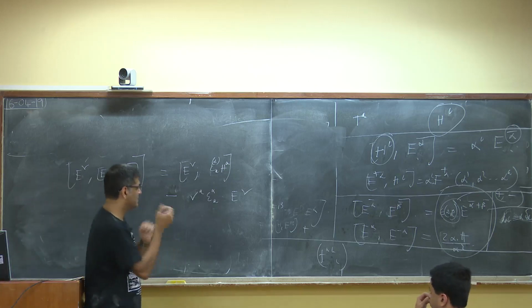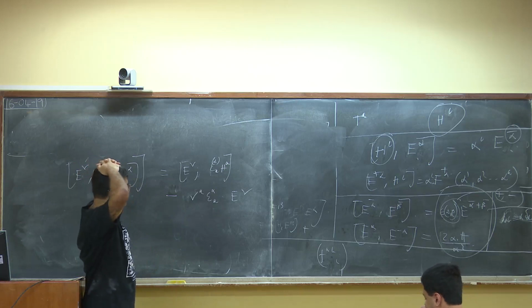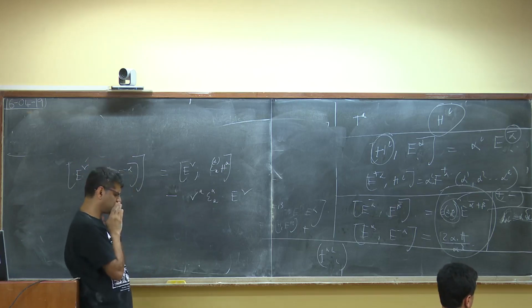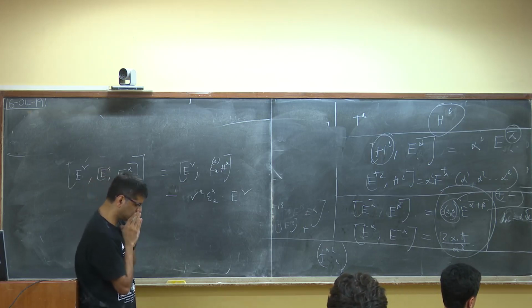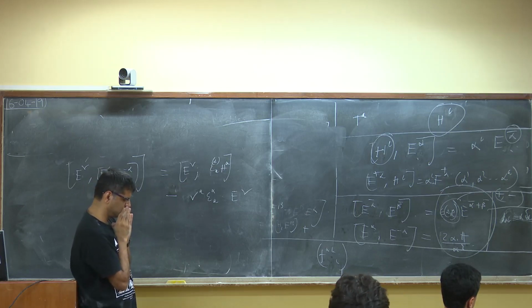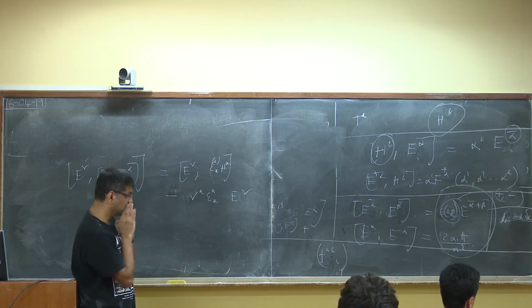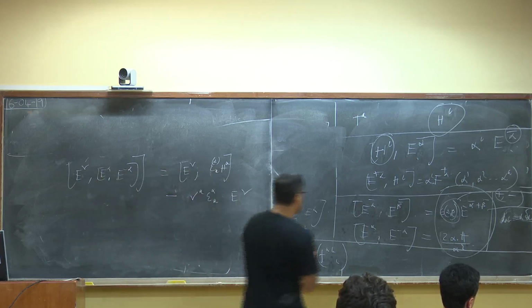Give me one minute more. Let's see if I can think of something. Which Jacobi identity is this? Maybe I want to do this.